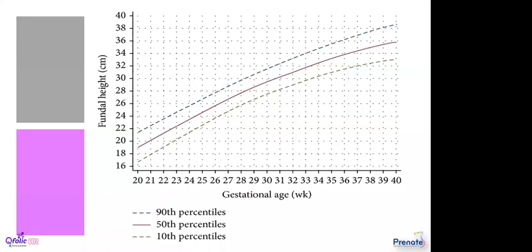If there is a single reading of the symphysial fundal height on the 10th centile, or there is static or slow growth, we should refer these babies for further evaluation in terms of fetal biometry and umbilical artery Doppler ultrasound.